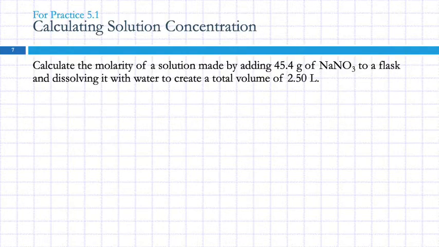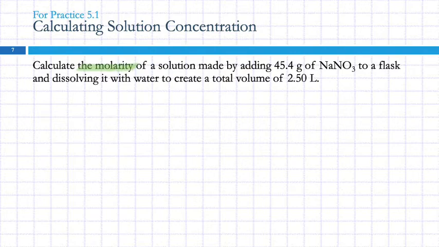So let's calculate the molarity of a solution made by adding 45.4 grams of NaNO3 to a flask and dissolving it with water to create a total volume of 2.50 liters. There's no question word, but there's a command: calculate the molarity.